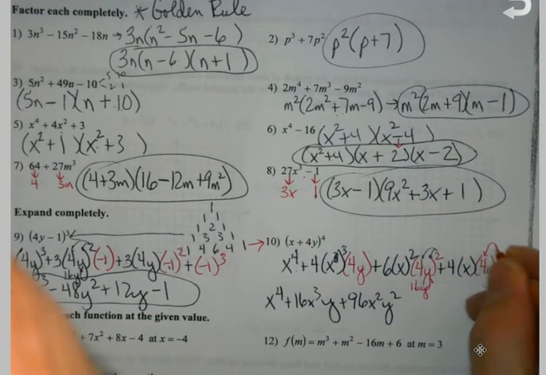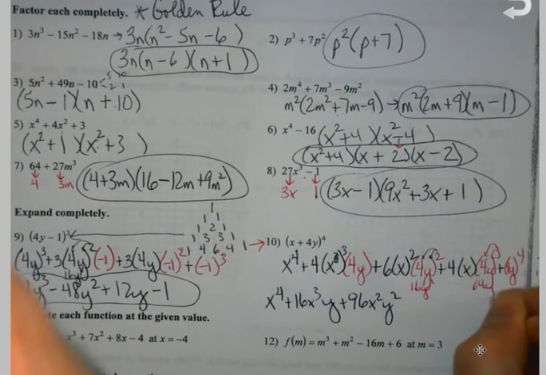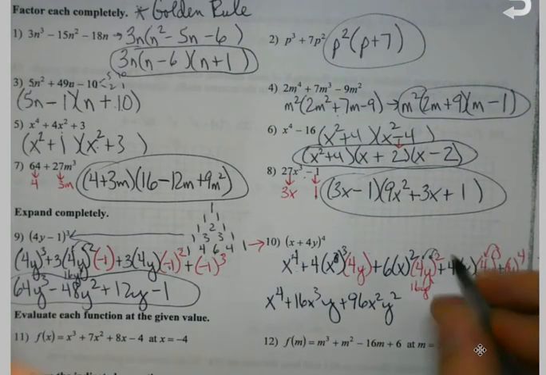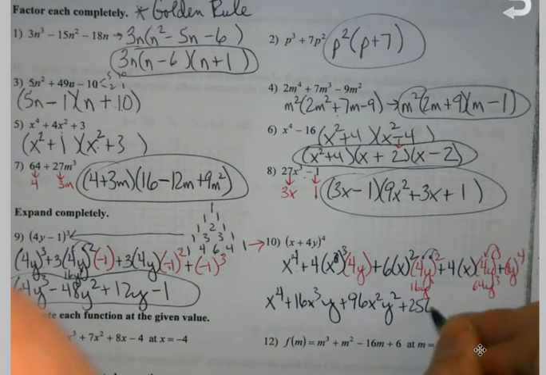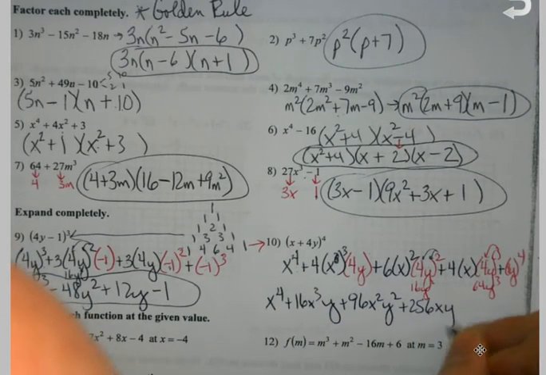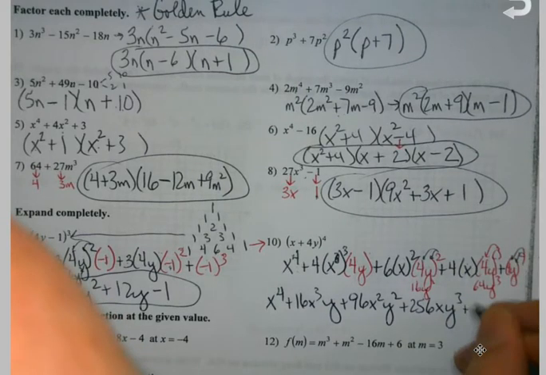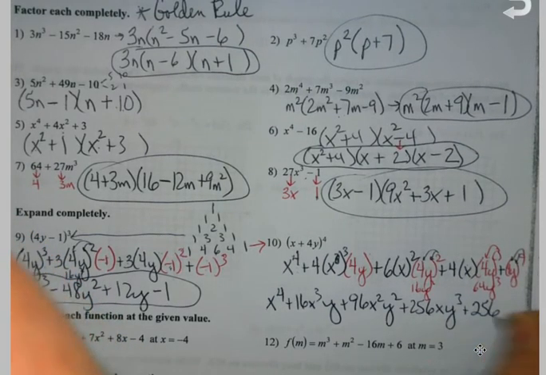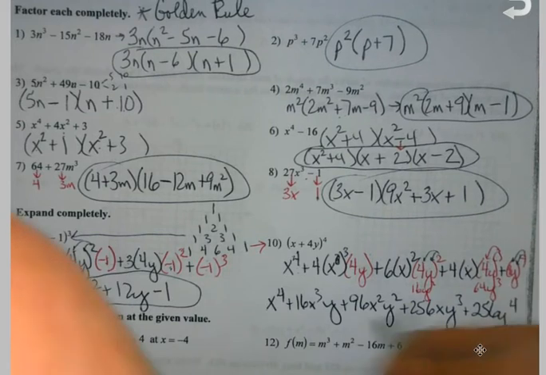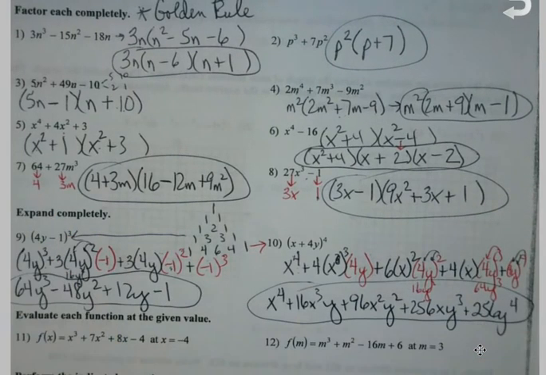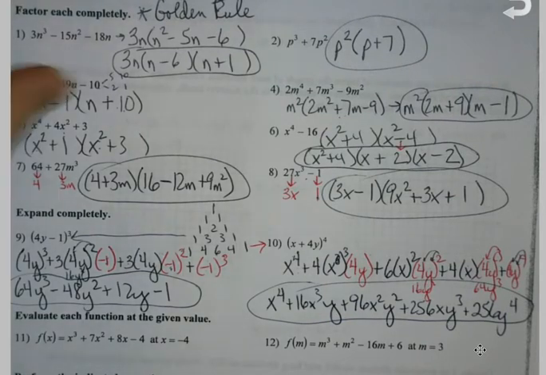Here, 64 times 4 is 256, xy cubed. And finally, 4 to the fourth is 256, y to the fourth. Degree of 4 on every single term there. And again, whether you want to multiply it and then multiply it and then multiply it again is up to you, but I don't want to do that.